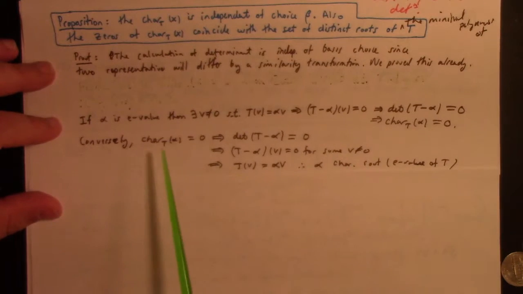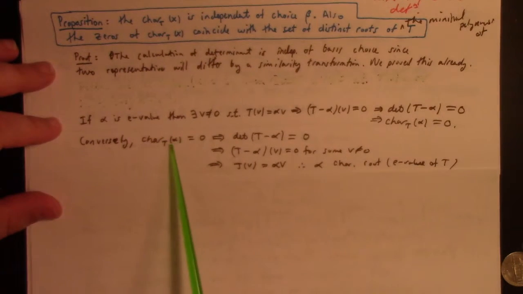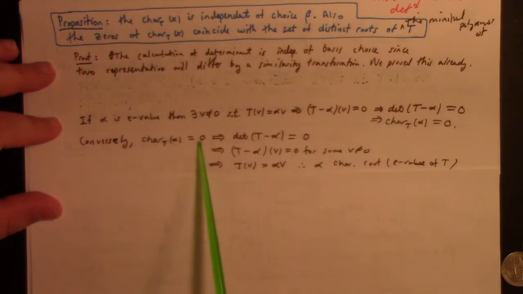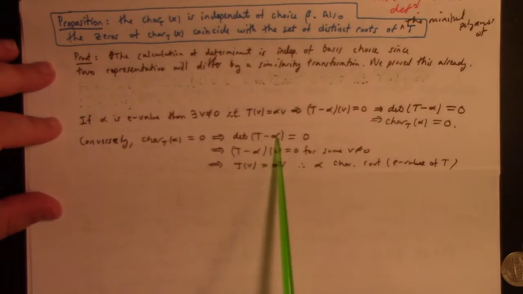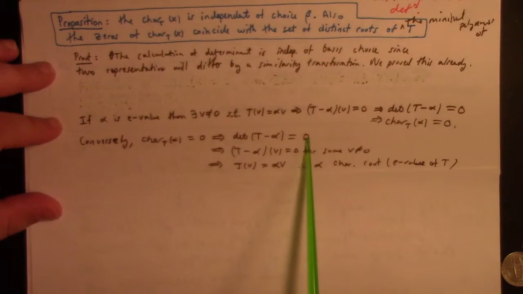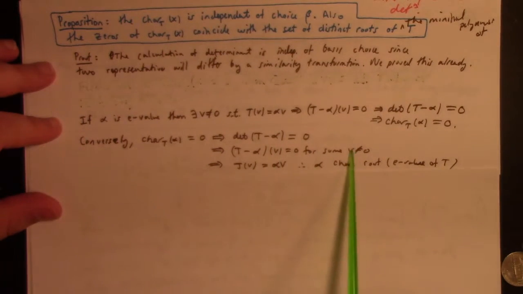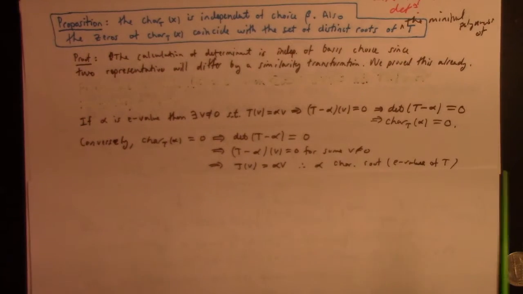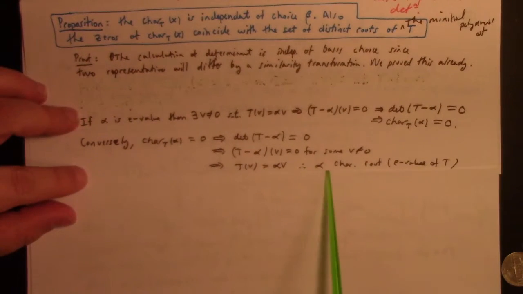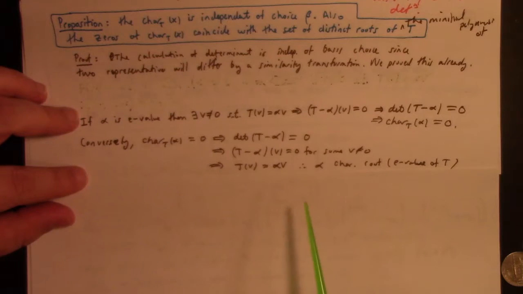Conversely, if the characteristic polynomial of T is 0 at alpha, that means that the determinant of T minus alpha times the identity transformation is 0, but that means that there exists a v not 0 such that, and so back where we started again, we have a characteristic root, an eigenvalue of T.